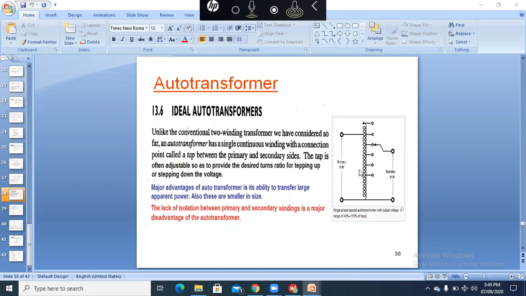And this ideal autotransformer is a manual voltage regulator, which provides voltage increase and voltage decrease across the secondary side. If this is the supply voltage, then this is the voltage provided out of the regulator.